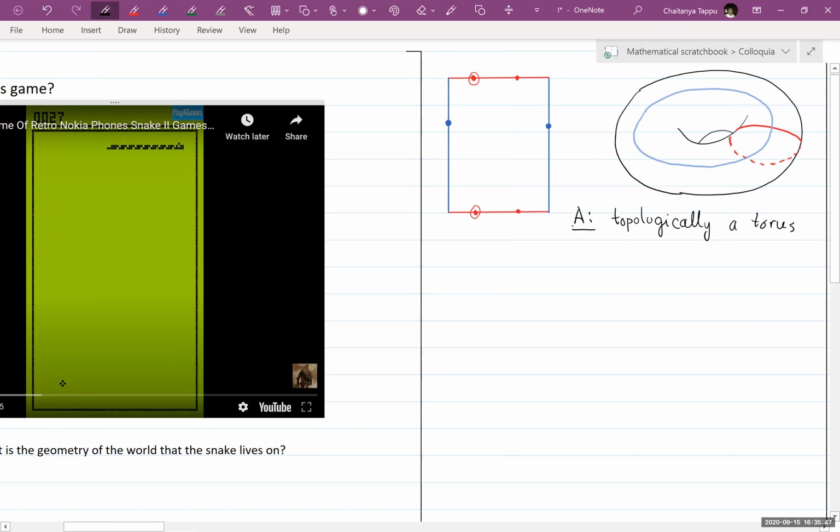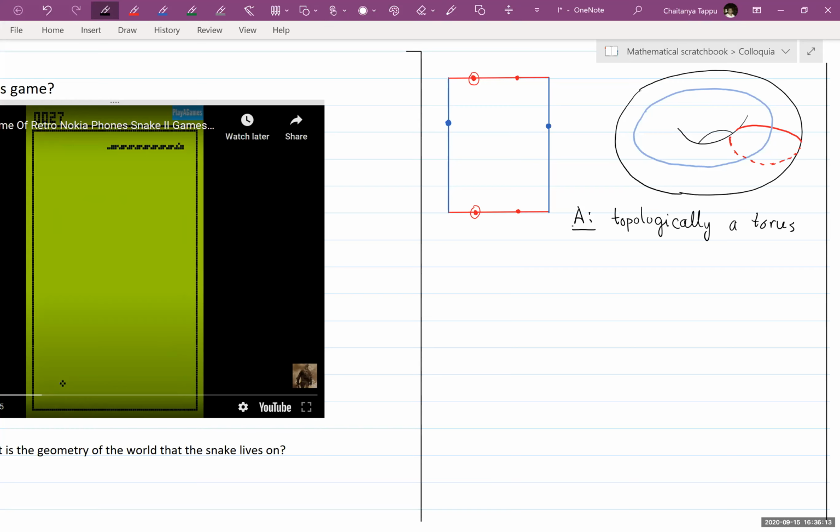But wait a second. There's something more to it, right? There are more features of the world that the snake lives in that we haven't yet said by just saying that opposite sides get identified. So question, can someone say what is something that we have not used yet?